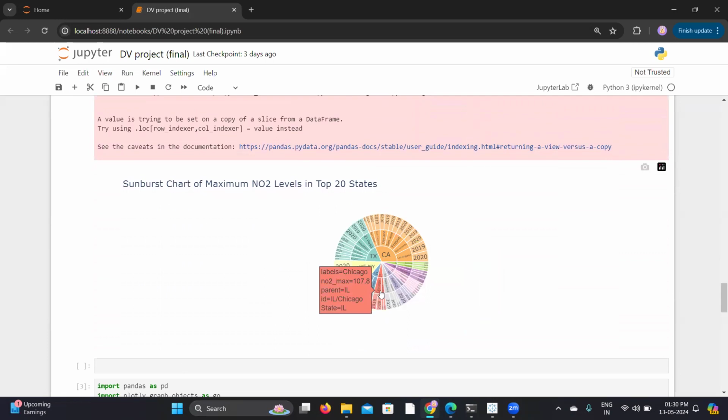The chart's color-coded design effectively differentiates between states and years, providing a visualization of NO2 pollution dynamics. If you click on each bar, you can see the information written, which is the state, city name with NO2 value, with the state.